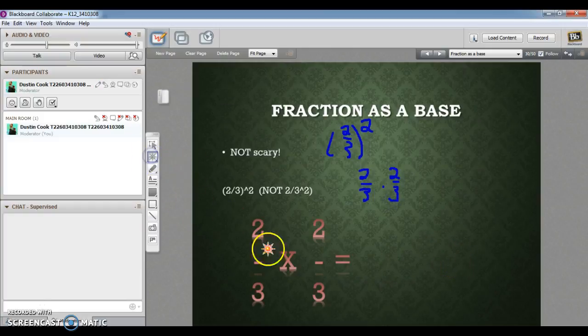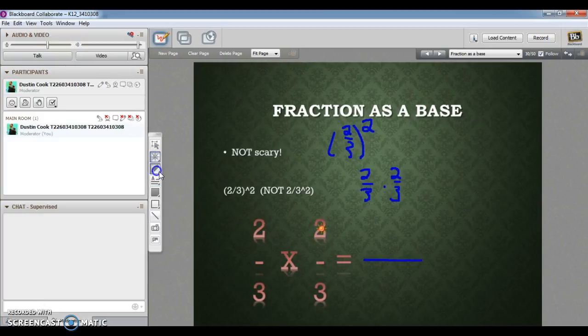And of course, when multiplying fractions, you just go across the top. So let's go ahead and make our fraction symbol, because we're going to need that. 2 times 2 is 4. 3 times 3 is 9. So 2/3 squared is 4/9, which doesn't reduce. So that is the final answer.